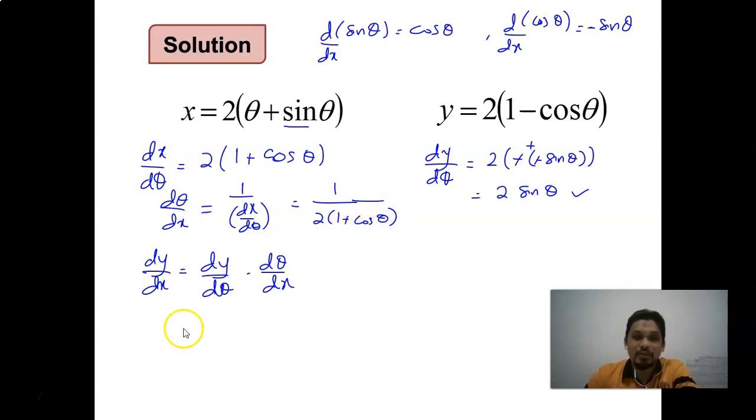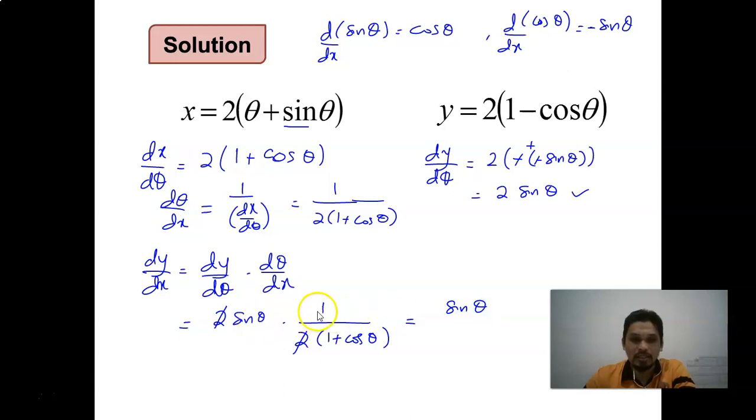So dy/d theta equals 2 sine theta, and d theta/dx is 1 divided by 2(1 plus cos theta). Then 2 divided by 2 equals 1. It is now equal to sine theta multiplied by 1 divided by (1 plus cos theta). Okay.